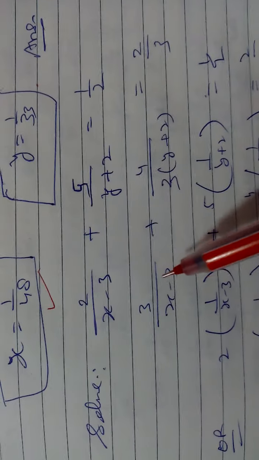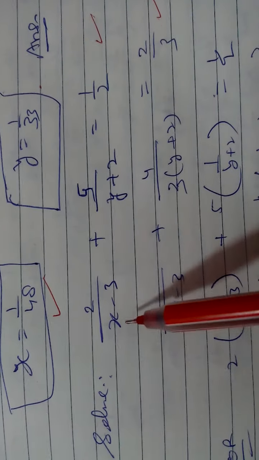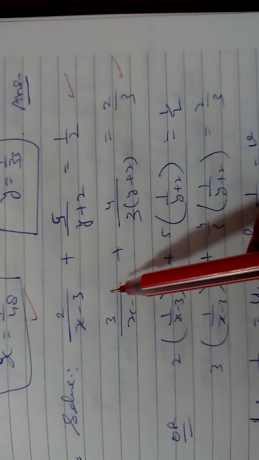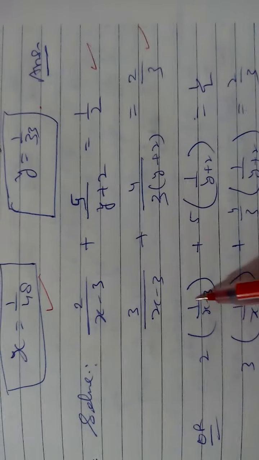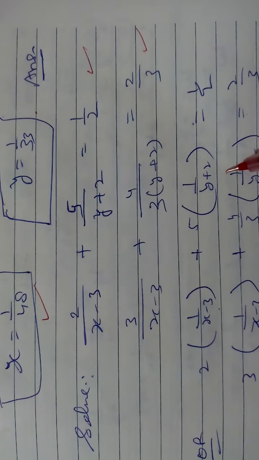Another type of equation. If this type of question is given, the denominator has two terms, but this denominator you again write in the form of 2 into 1/(x−3), 5 into 1/(y+2).